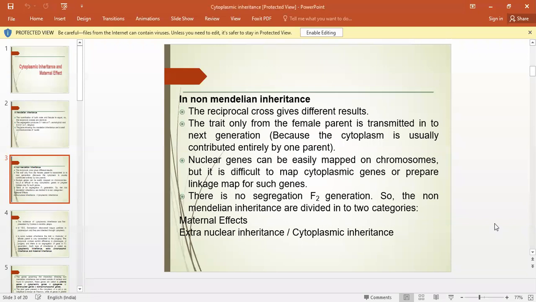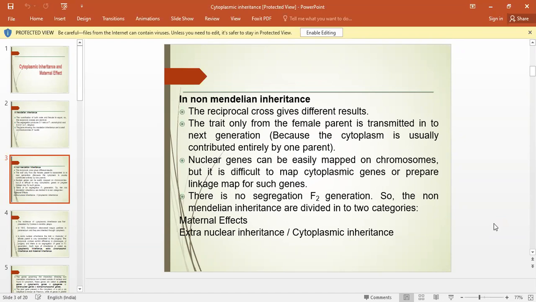Your first rule, you can write down: the typical ratio of Mendelian segregation is not found in cytoplasmic or extranuclear inheritance. This is your first rule, that the Mendelian segregation ratio is not found here.